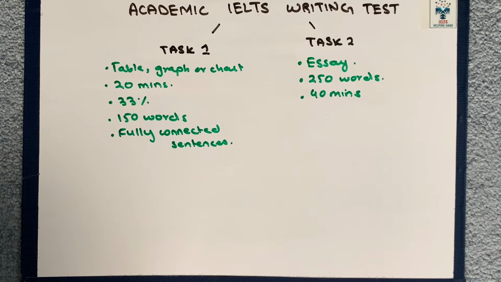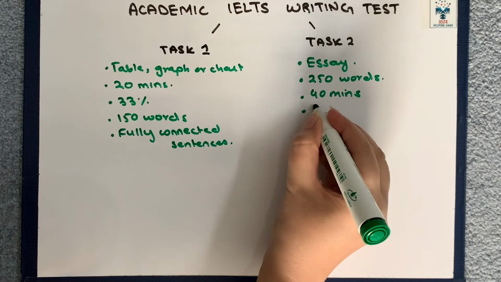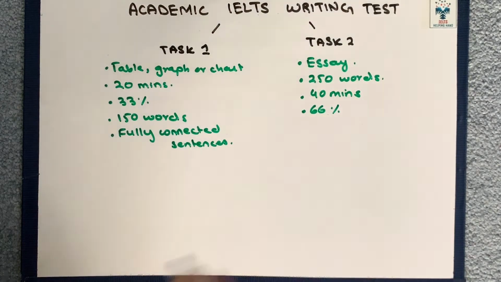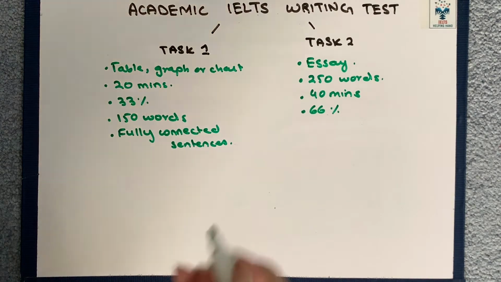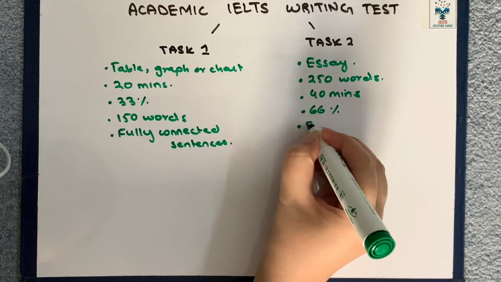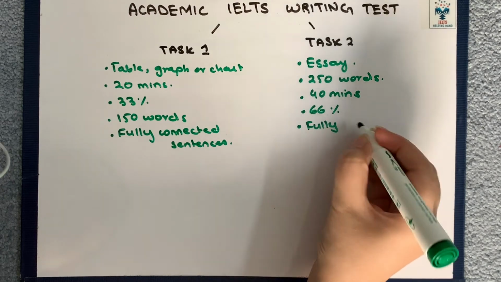Task 2 contributes twice as much to the final writing band score as task 1, which is about 66%. Like task 1, in task 2, you also have to write your response in fully connected sentences.